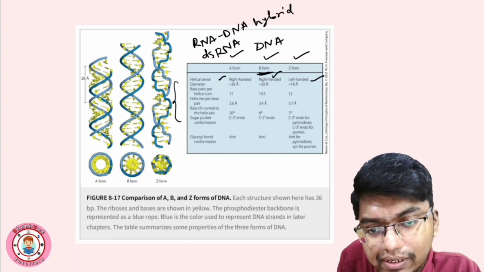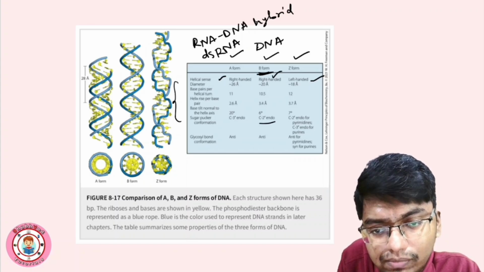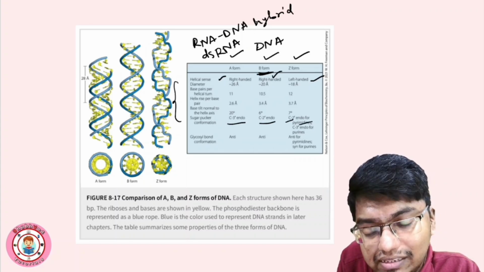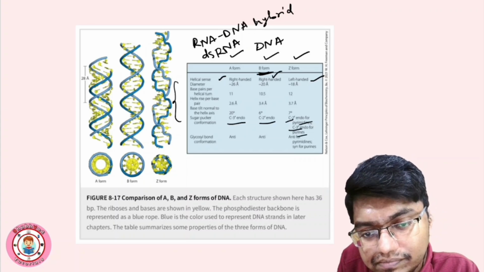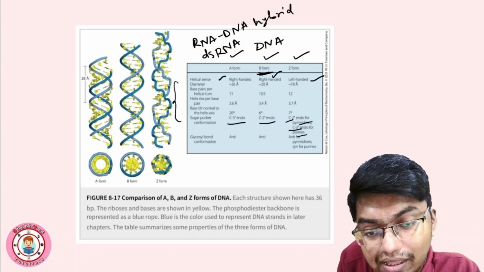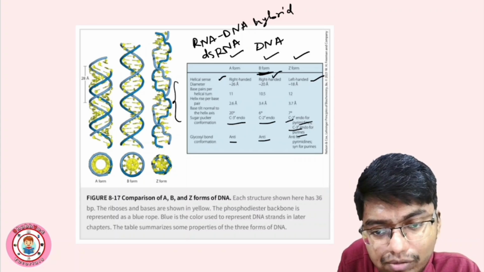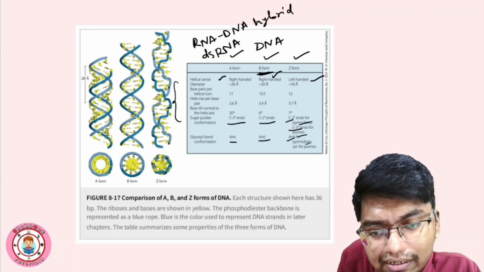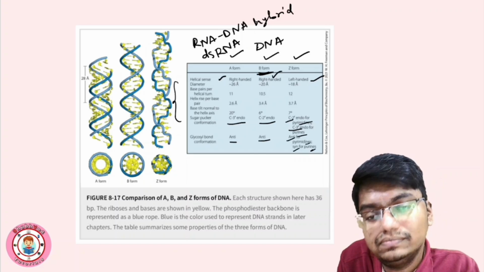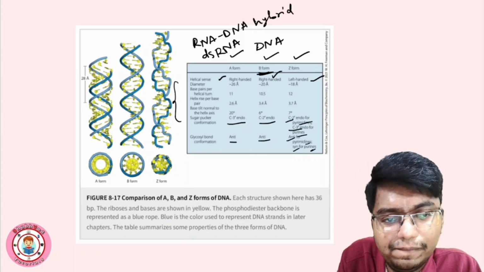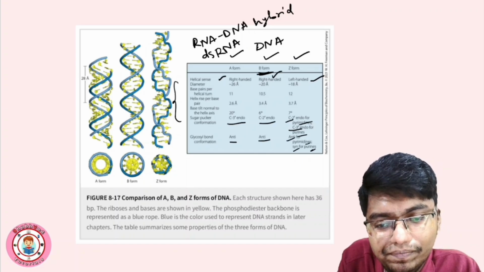B form has C2 endo, A form has C3 endo, and in Z form C2 endo for pyrimidine and C3 for purine. And anti conformation in B and A forms, anti for pyrimidine and syn for purines. Got it? We will discuss more on this after some time.